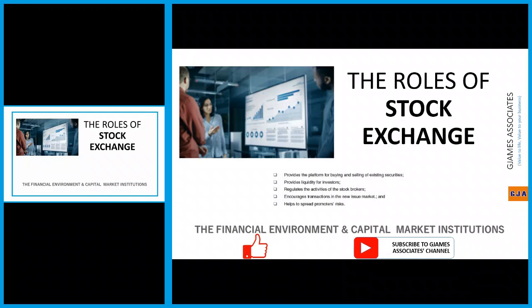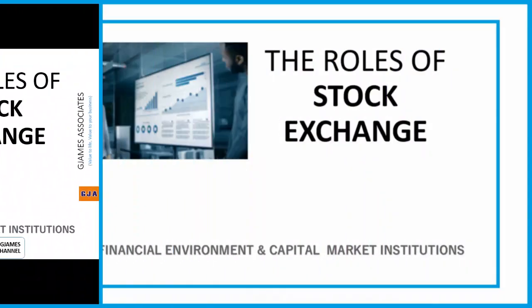So stock exchange helps this kind of people to spread their risk by making available so many organizations' stock, so many bonds that they can buy, so that they will not put all their eggs in one basket. At the end of the day, everybody is happy.